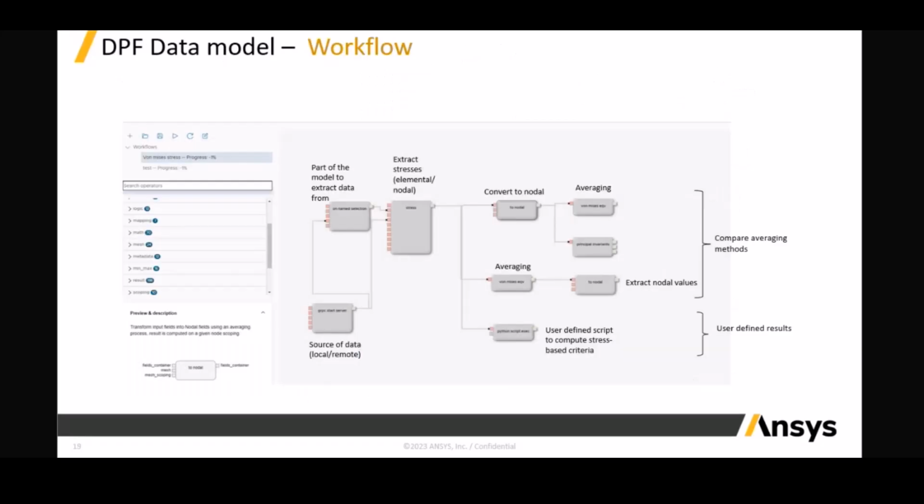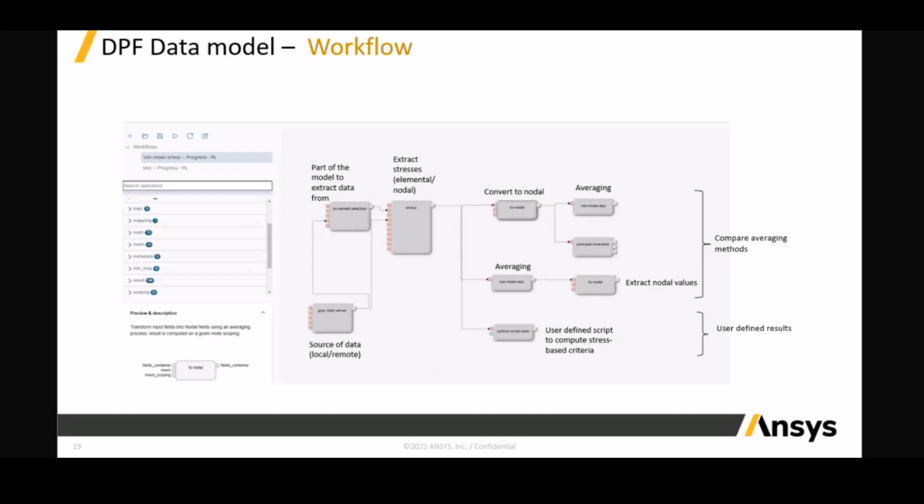So again, you can link all of those to create what we call workflows. We do have a UI coming quite soon, which will enable you to build these workflows with a visual interface and then use DPF behind the scenes.